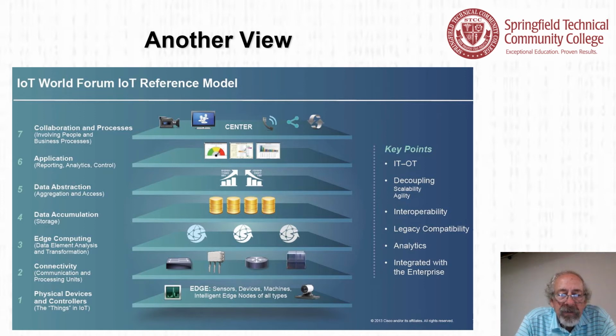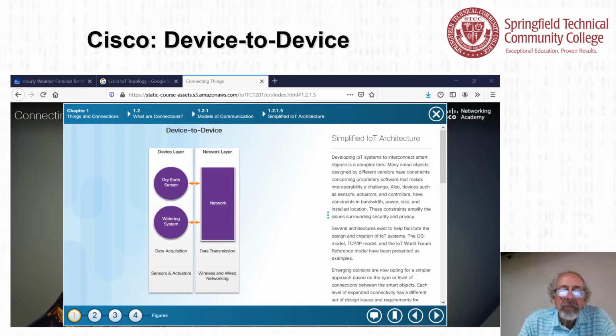Data element analysis and transformation. Connectivity shows things like routers and switches and so forth, communications and processing units, and then of course the physical devices. At the edge we have sensors, devices, machines, intelligence edge nodes of all types. So again, that's a nicer visual description of what we just saw in the prior slide.